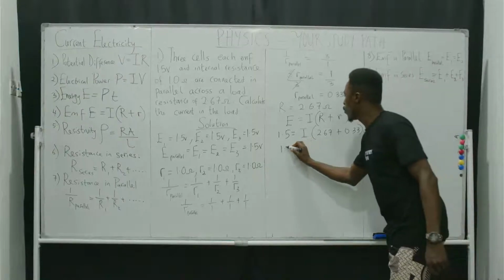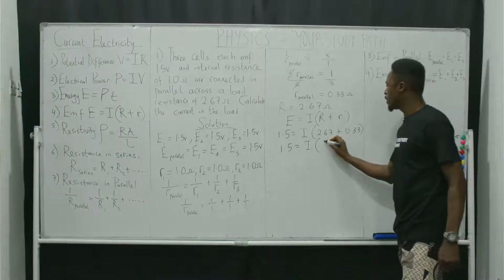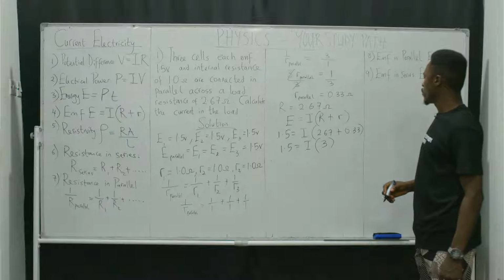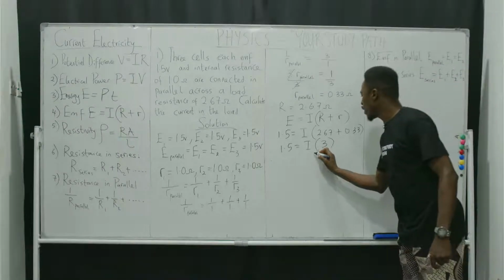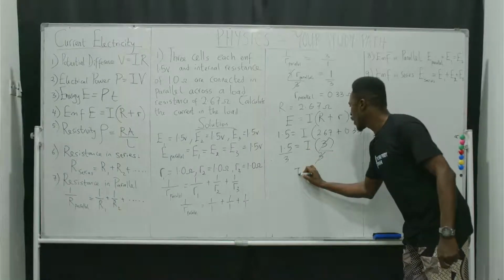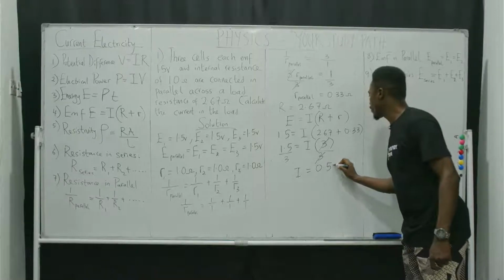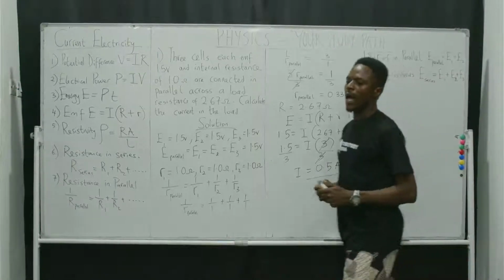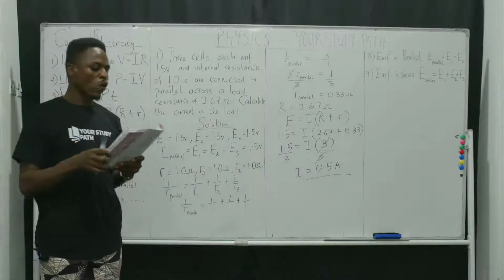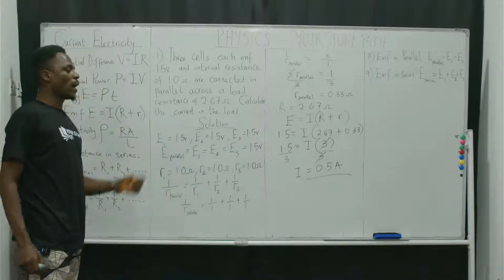And from here, 1.5 is equal to I multiplied by the addition of everything here, which gives us 3. And from here, we divide both sides by 3. I becomes 0.5 amperes. So, option C, based on the question, I becomes 0.5 amperes.